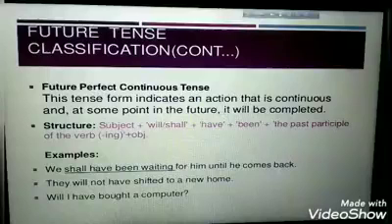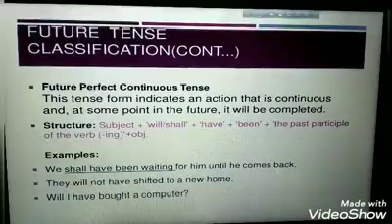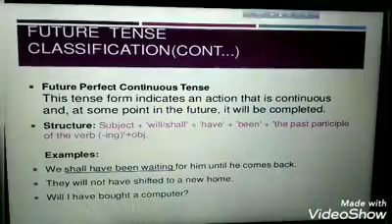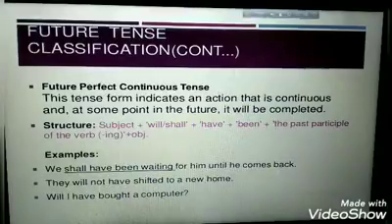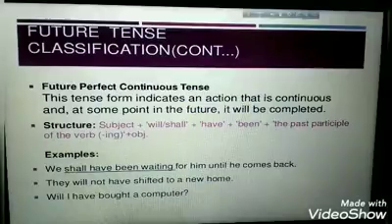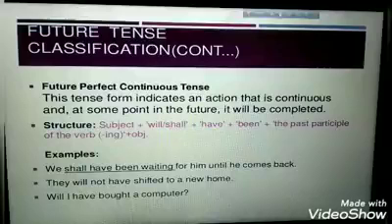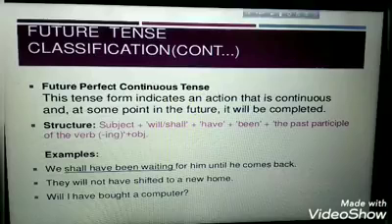And the structure of future perfect continuous tense: subject plus shall or will plus have plus been plus the past participle form of the verb. That means we'll have to add ing, and after ing we'll have to use object.